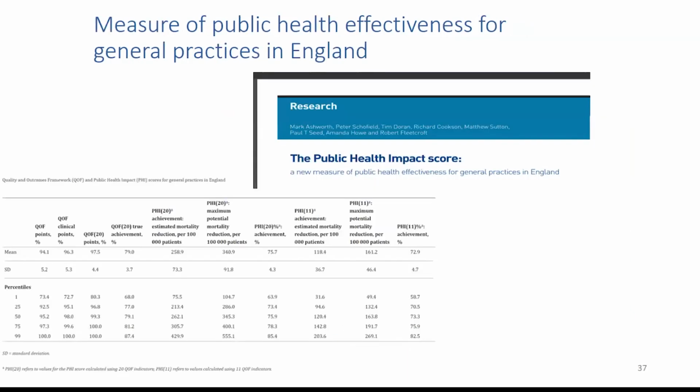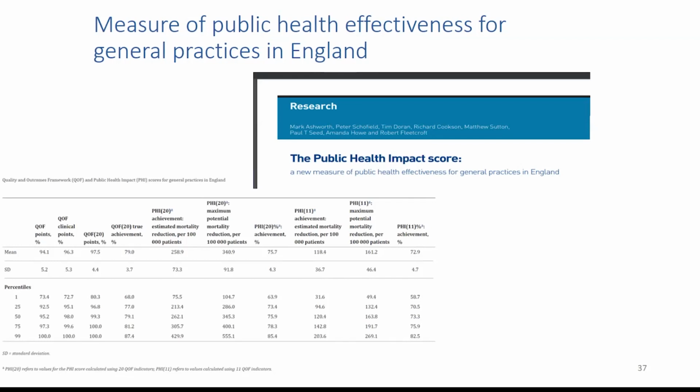And this is another study demonstrating what was called the public health impact score. Essentially, it was looking at what impact primary care has on mortality. It found that there were 4.7 lives saved for every full-time equivalent GP.